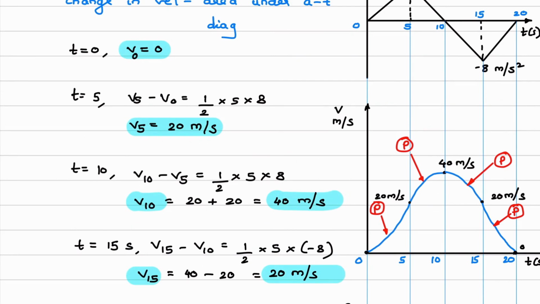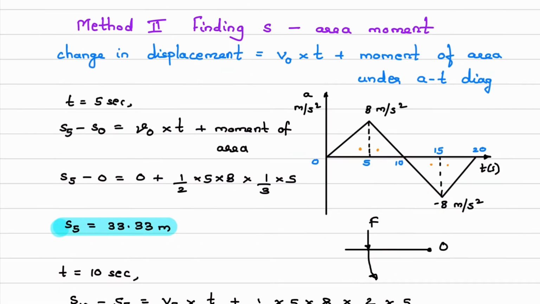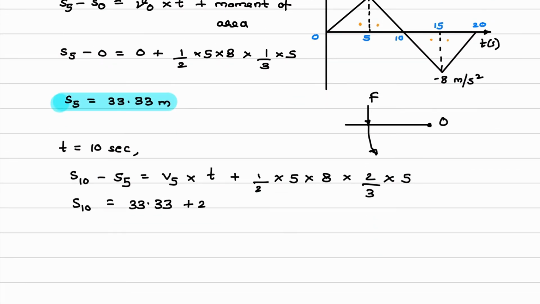V5 value is 20 meter per second plus 20 into what is that time? This will be 10 minus 5, so into 5, plus this value 66.67. So S10 value is 200 meter.